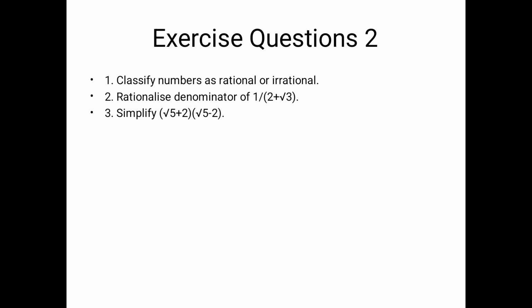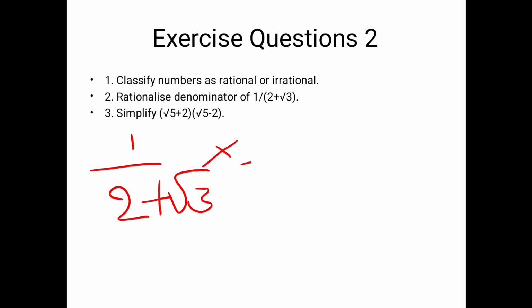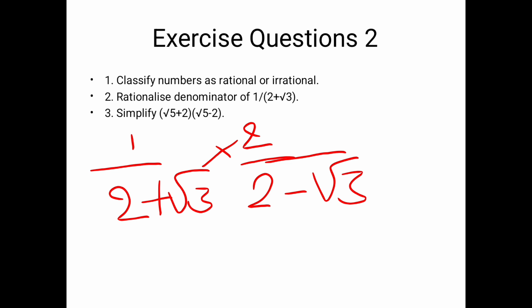How to rationalize the denominator: taking the opposite sign in the denominator, 2 minus root 3, and if I divide by 2 minus root 3, I have to multiply the numerator by 2 minus root 3.